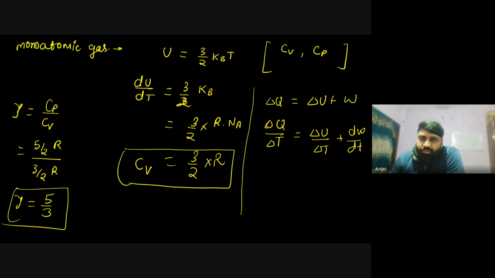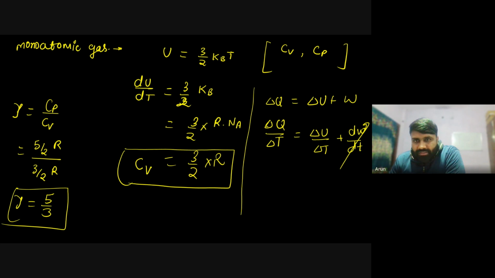For constant volume, the work done P delta V becomes 0.